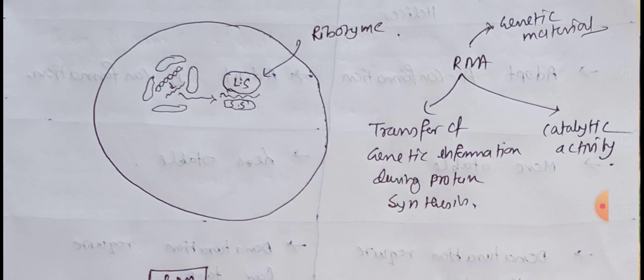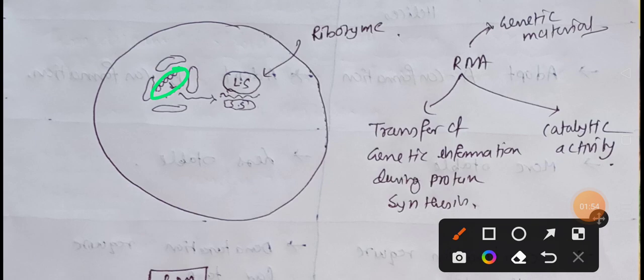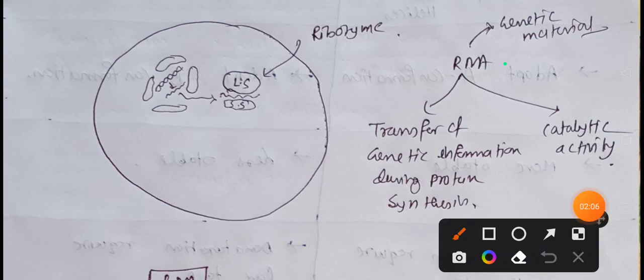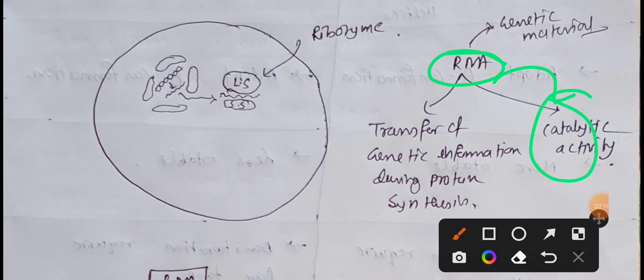So you may understand how important this RNA is. If RNA was not there, then the genetic information cannot be transferred from the DNA to the protein, right? That means it acts as a bridge between DNA and protein. But it is not the sole function of RNA. There are various RNAs that were discovered later that also show catalytic activity.